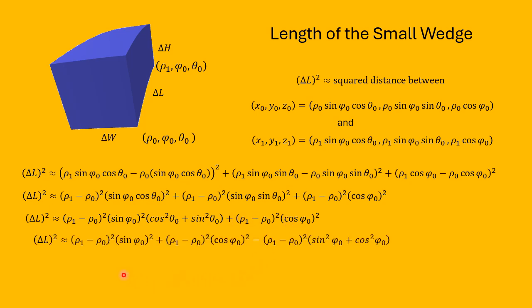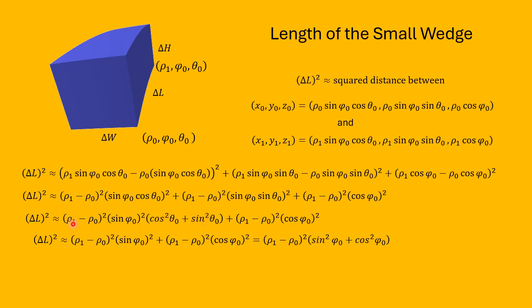So let's see what we have here. The length squared again is this factor squared times this factor squared plus, and then, well, first of all, before we do that, look at what we have here. cos² θ₀ plus sin² θ₀, that's equal to 1, isn't it?